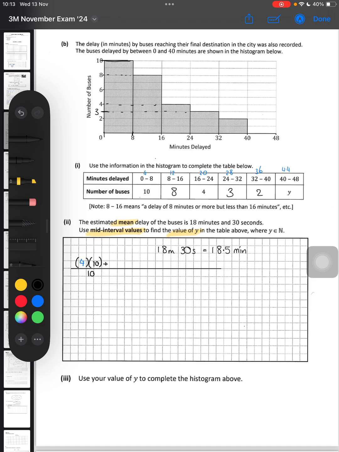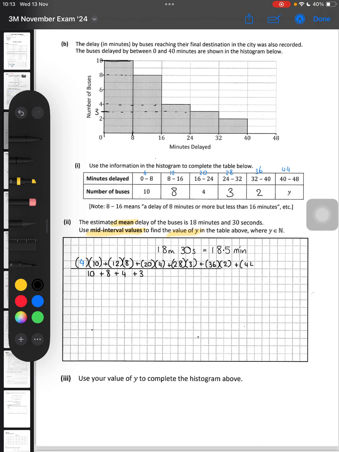The number 12, likewise, was 8 times, so I have now counted for another 8 buses. I have the number 20, 4 times. I have 28, 3 times. 36, 2 times.